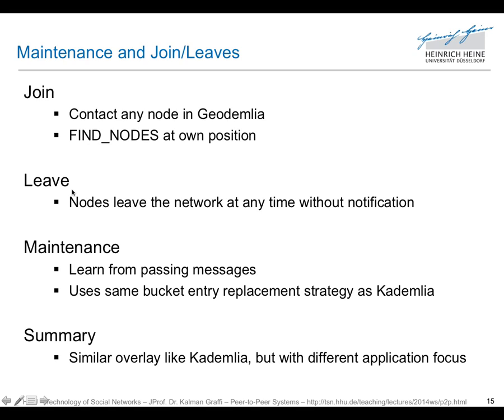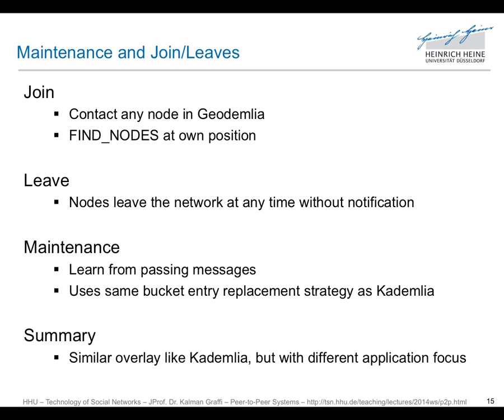How is the leaving done? You anyway have to consider failing nodes that just disappear, or nodes that might go offline and tell you before, so within a protocol, they anyway have to consider the case that they just leave the network. They can just go offline, and this is detected the same way it is detected in Kademlia. Once you want to put them into your buckets, it's the same process again: you only throw nodes out of your bucket in two cases.